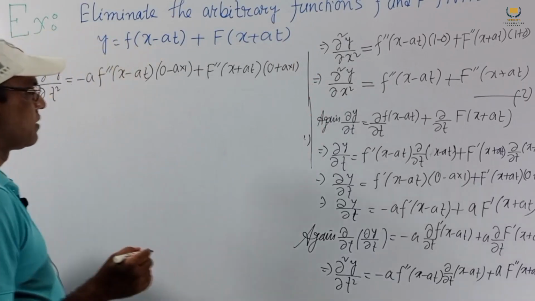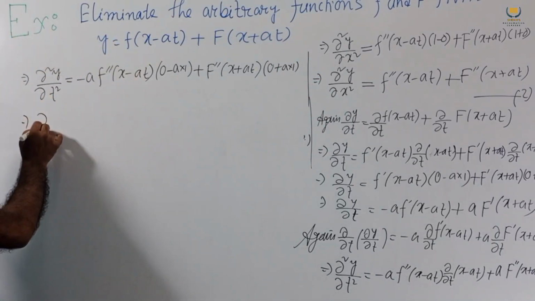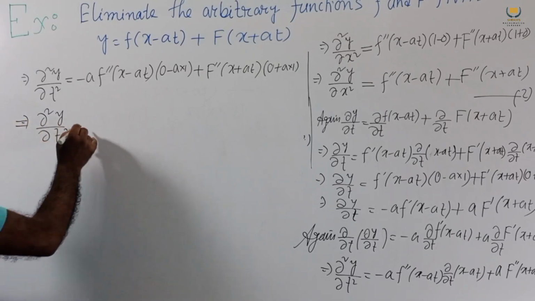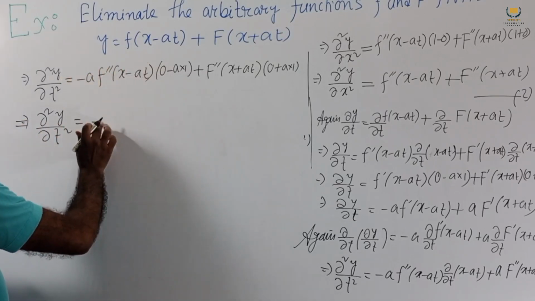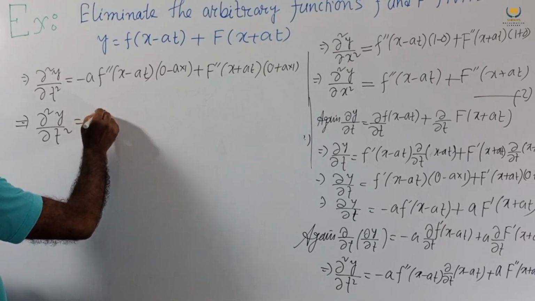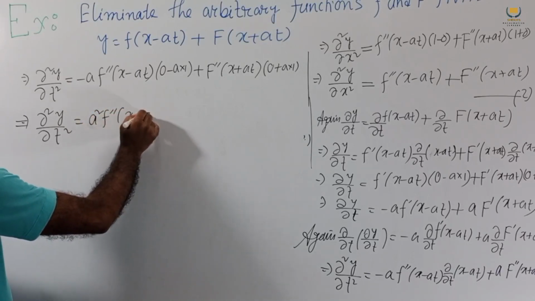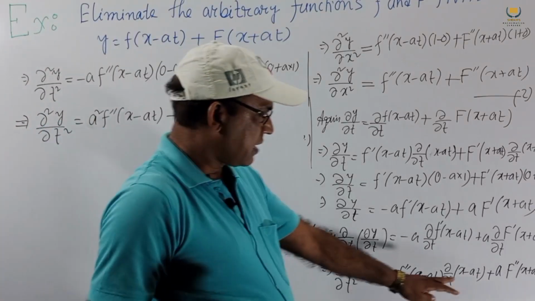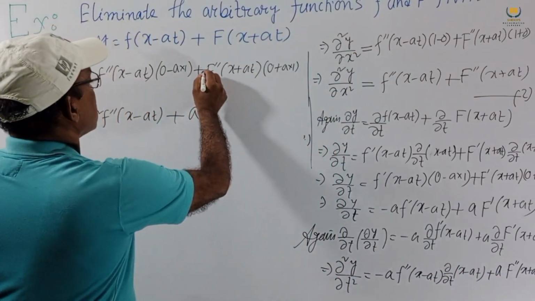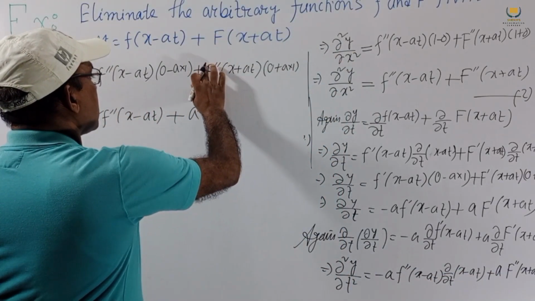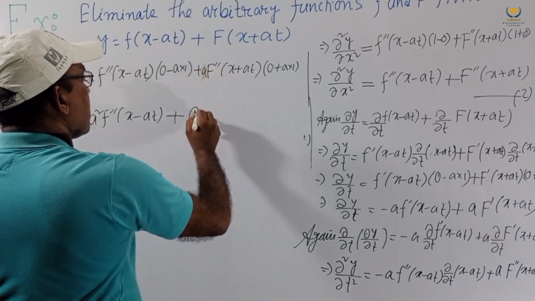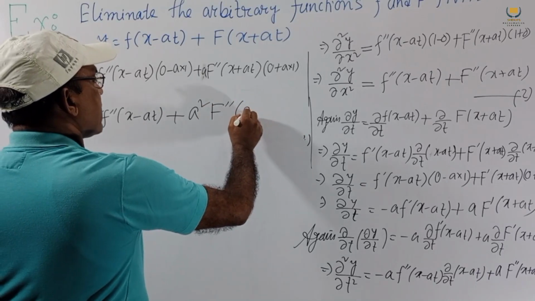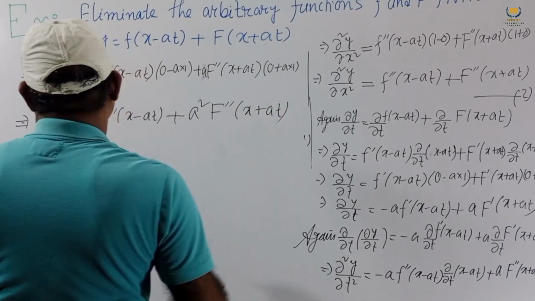We get this. So ultimately we get ∂²y/∂t², minus minus plus, a² f''(x − at), and here also we get a, so this is a² F''(x + at).